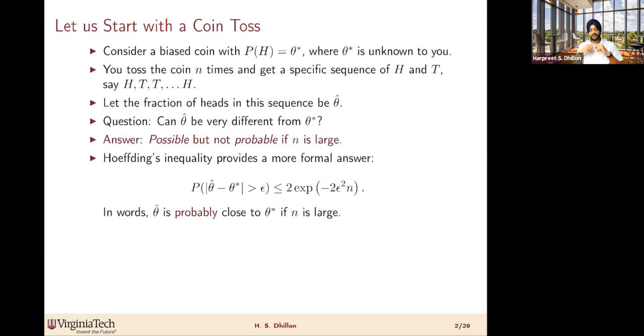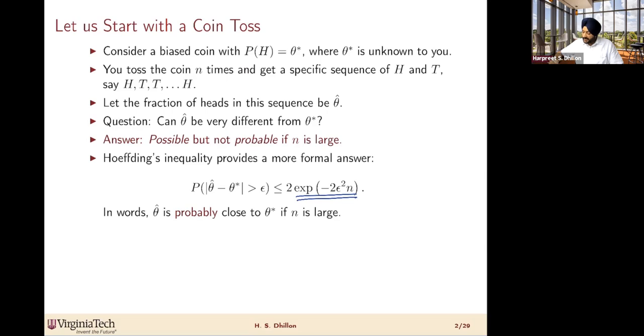It can be upper bounded by a term that is a decaying exponential with n, so it is e raised to power minus n term here, which means that this probability is going to be very small when n is large.